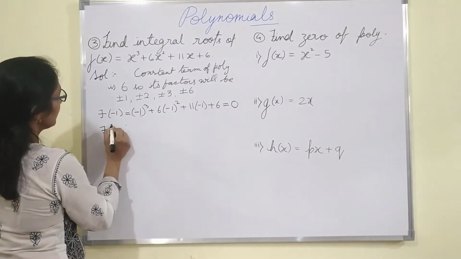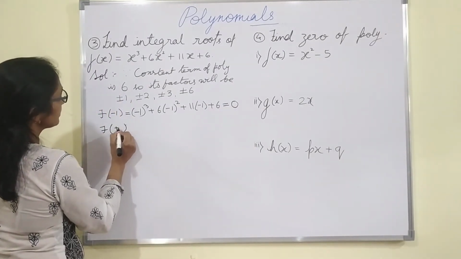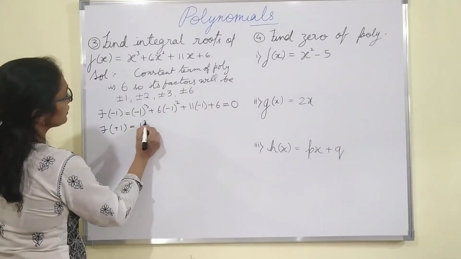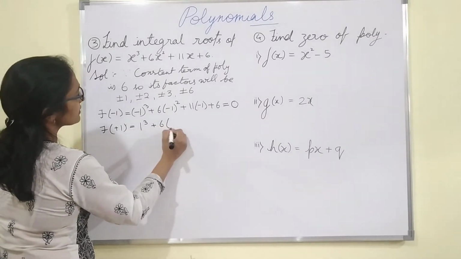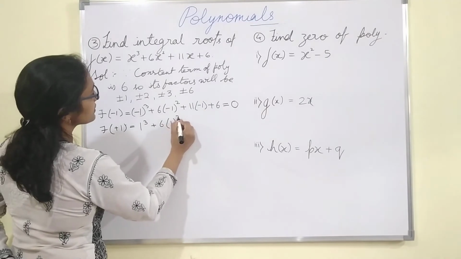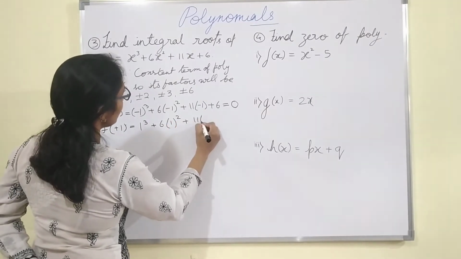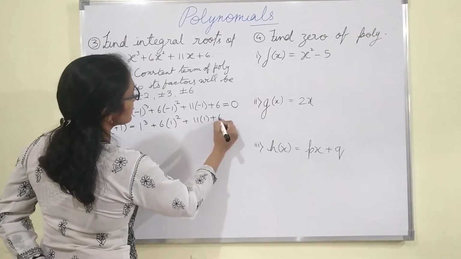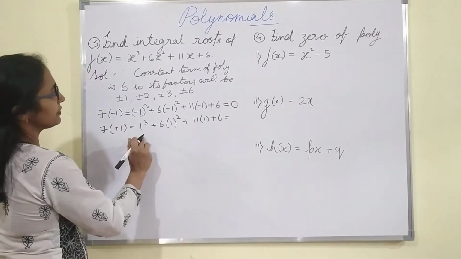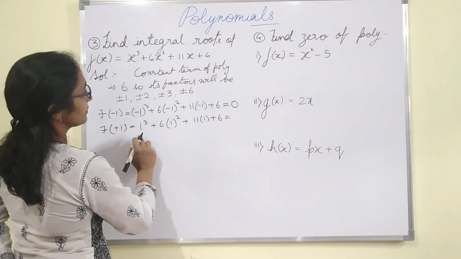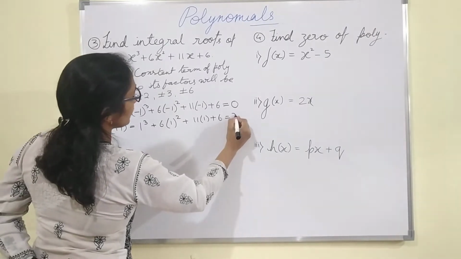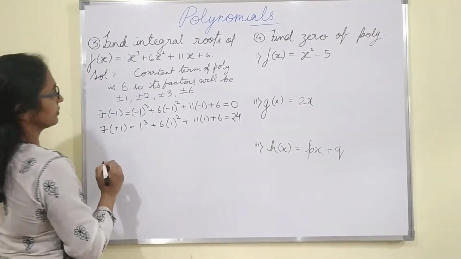Now x = 1: 1³ + 6 × 1² + 11 × 1 + 6, so our value will be 24.